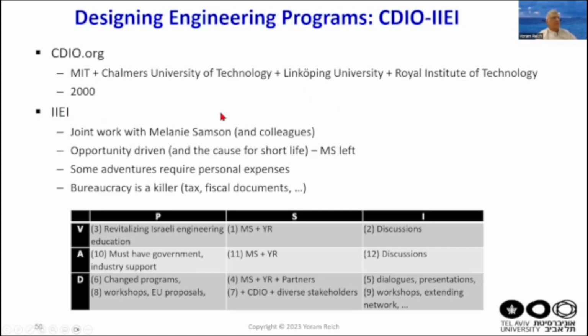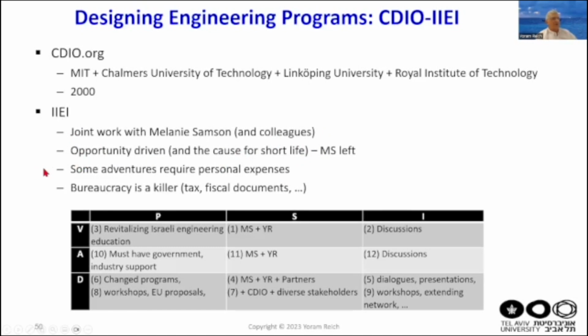I started with a colleague, Melanie Samson, at about 2010, a not-for-profit company to revitalize engineering education in Israel. Again, it was opportunity-driven. Melanie left her work, wanted to do something, and I joined.